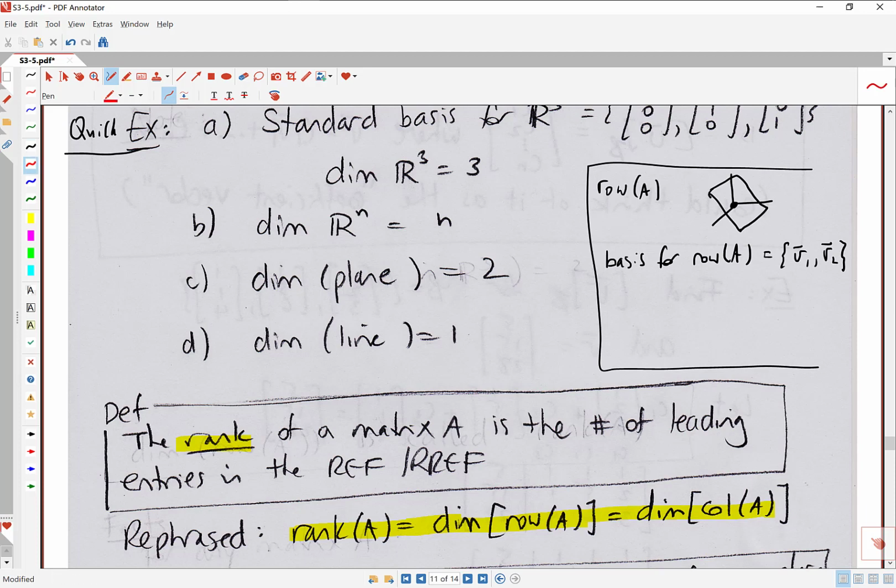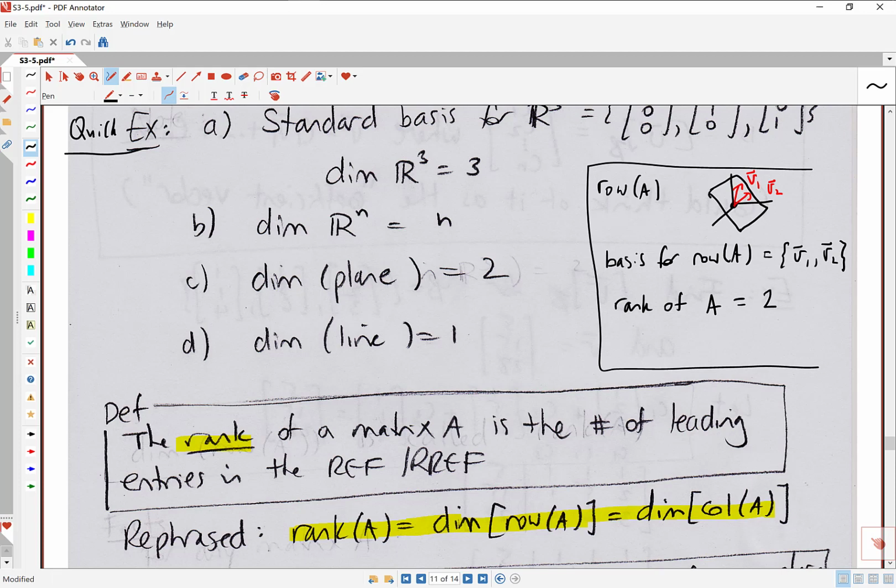So let's say this is V1 and that's V2. And now we've just introduced this new term, which is the rank. We talk about the rank of a matrix. And what that is, that's the dimension of the row space of A. So informally, just the number of basis vectors that it takes to describe your row space. So that would be 2.